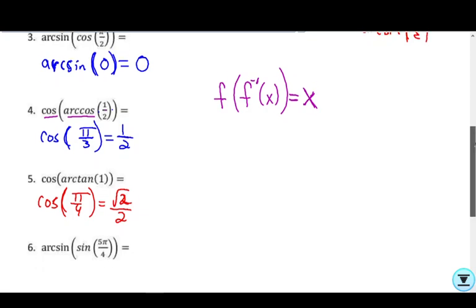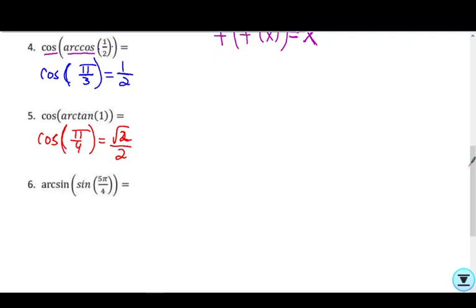And the last example, number 6, and this is where you can get into trouble. Okay, so arcsine of sine at 5 pi over 4. If we use this idea of inverses, and say, oh, these two are inverses, so I should get back 5 pi over 4 because that's the way inverses work, that would be wrong.